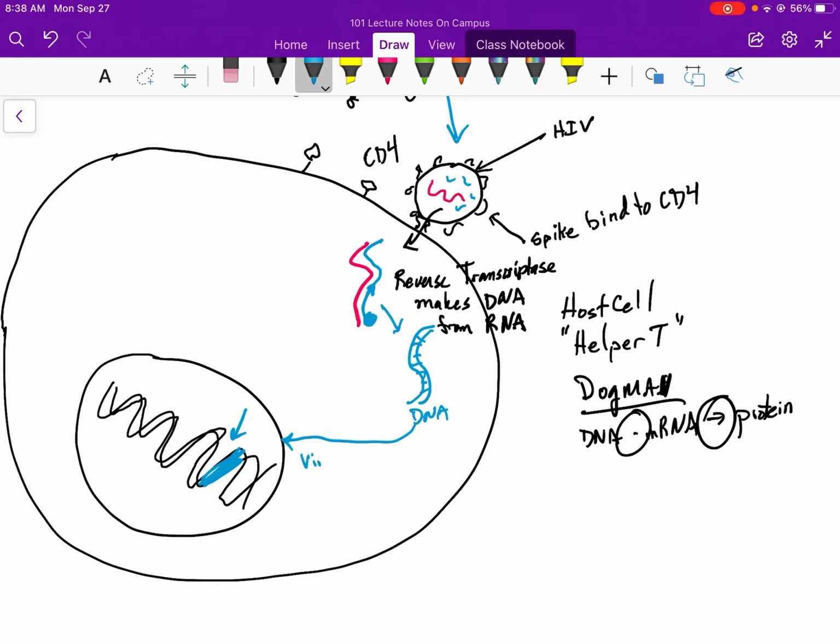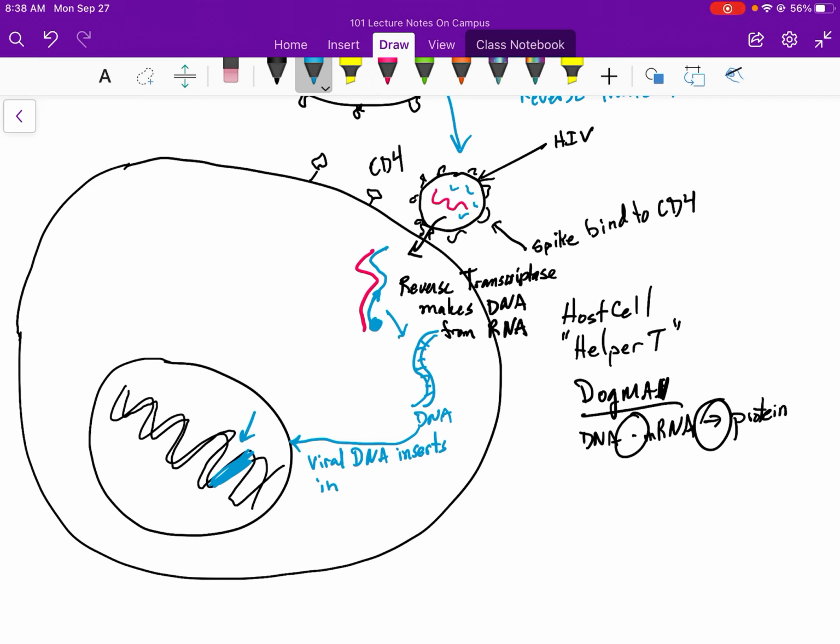Viral DNA inserts, like it basically snips open your DNA and slides into host, which is human DNA. So now it's like you've got a new gene in here, a region of coding region, and that is the HIV gene. So in some ways, we think about HIV when people talk about vaccines and things changing their DNA, well, that's not very accurate.